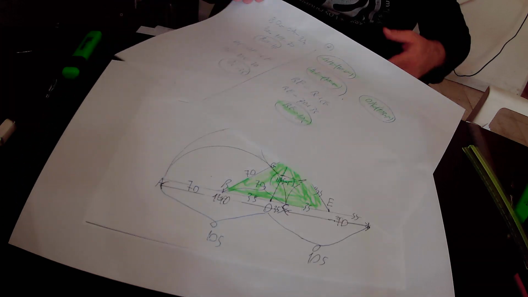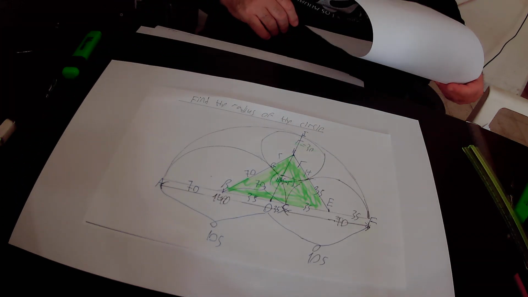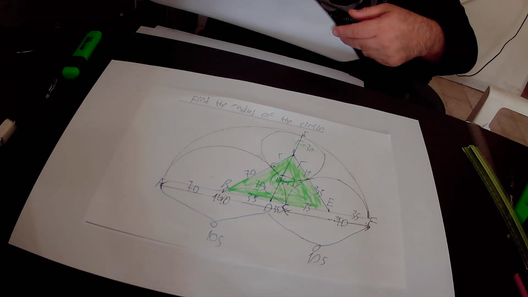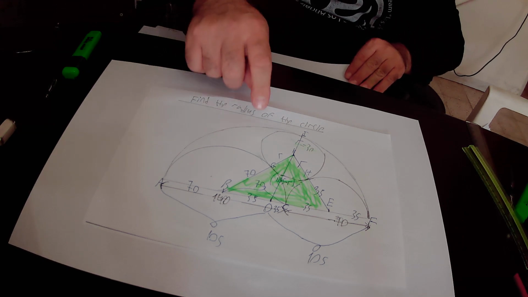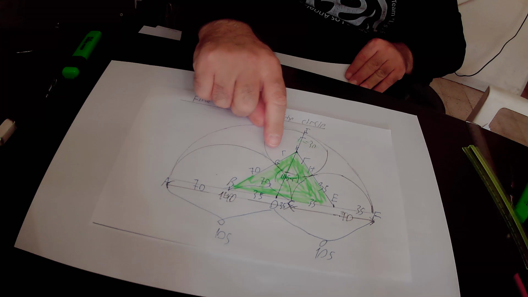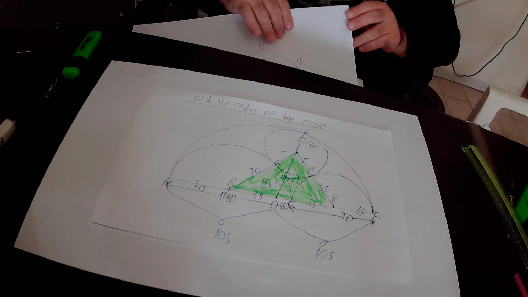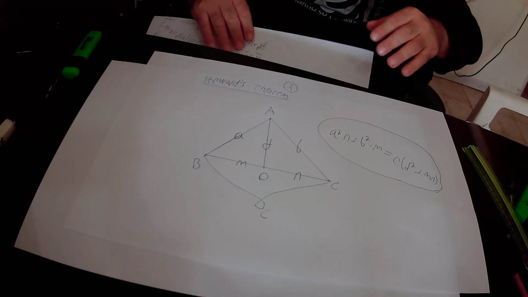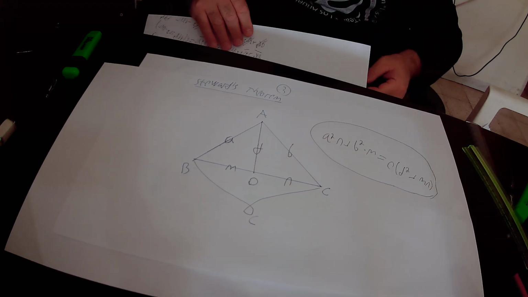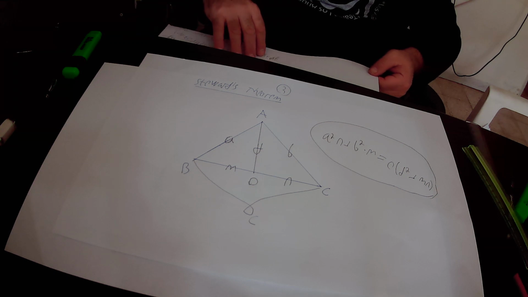In the next step, I presented to you a new rule. It is Stewart's theorem, and we implemented the new rule in our green triangle, triangle BKE. Stewart's theorem is true in any triangle.